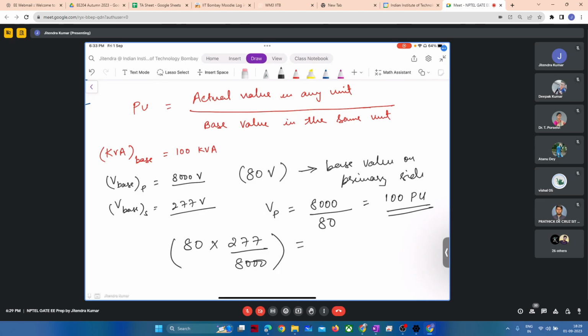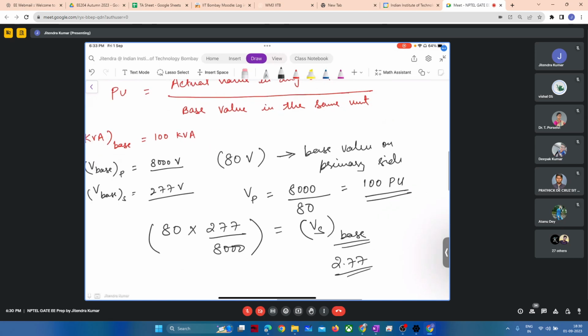I don't know how much it comes out to be, but that much will be your secondary side base value, 2.77. And again, you will end up with 100 per unit, but 2.77 will be your base value instead of 277.